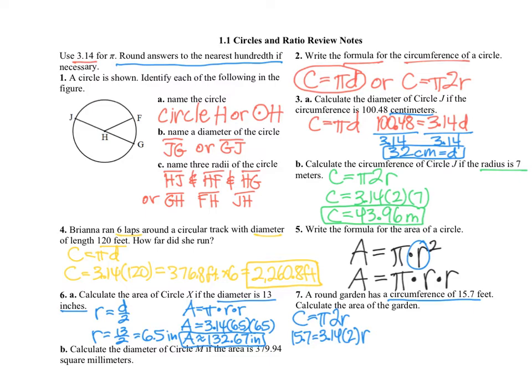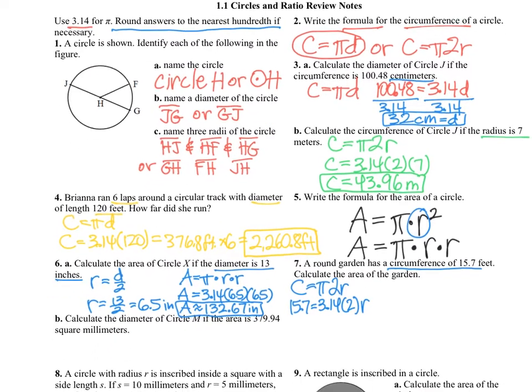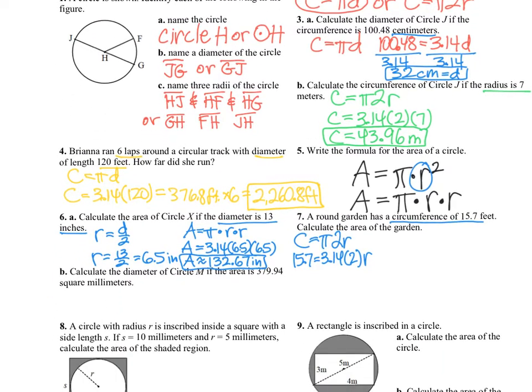So 3.14 times 2. So 15.7 equals 6.28 r. And now to solve for the radius, I divide both sides by 6.28. So 15.7 divided by 6.28, 2.5.